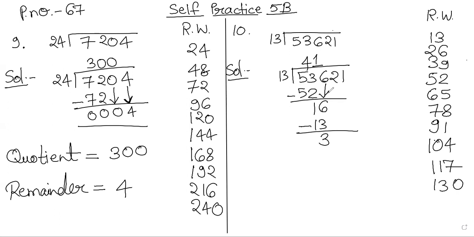It means we cannot divide. Now again we need to bring down the next digit, which is 2. Now the number is 32. Divide 32 by 13. In 2 times we can divide. 13 twos are 26. Now subtract 26 from 32.